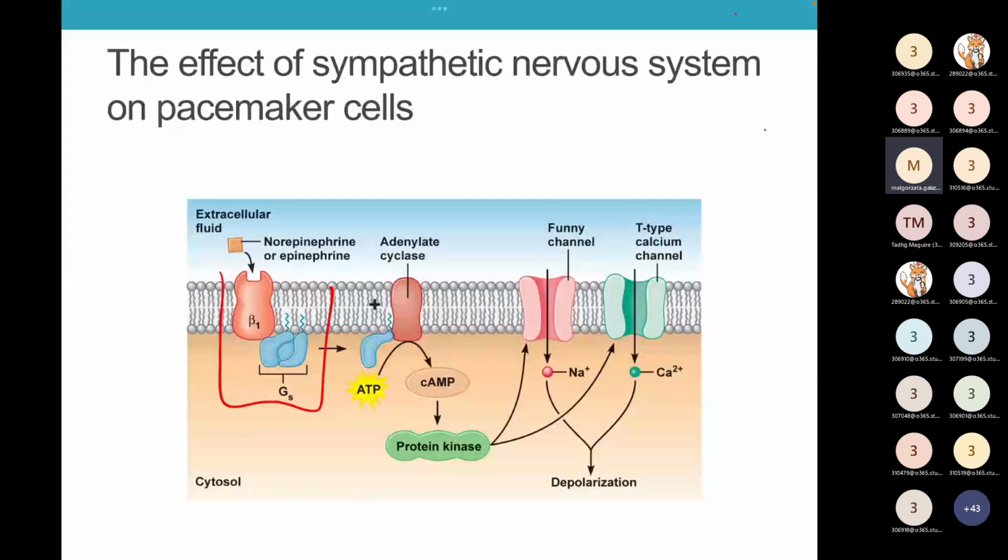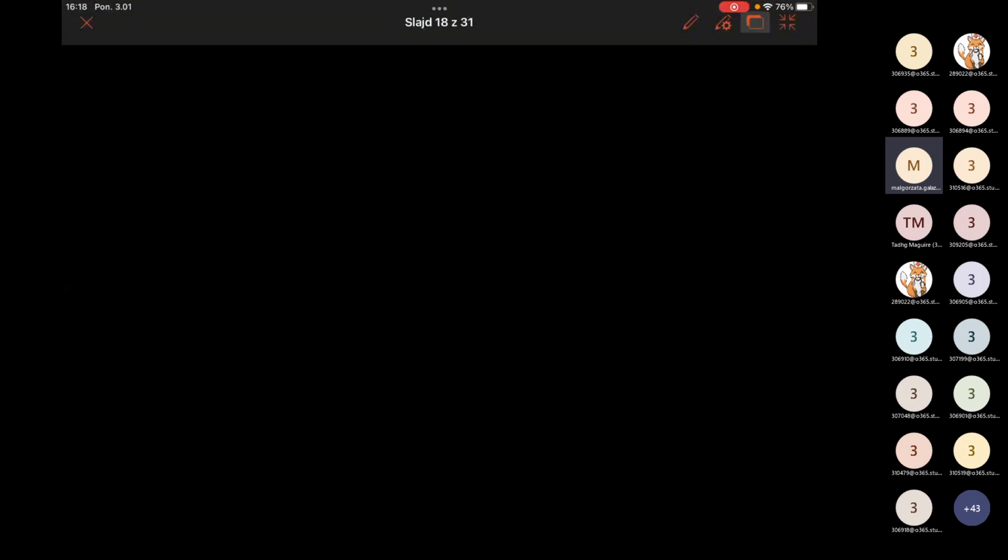So, a G-protein-coupled receptor is a membrane receptor which is connected to the G protein. G protein consists of three types of subunit: alpha, beta, and gamma subunit.